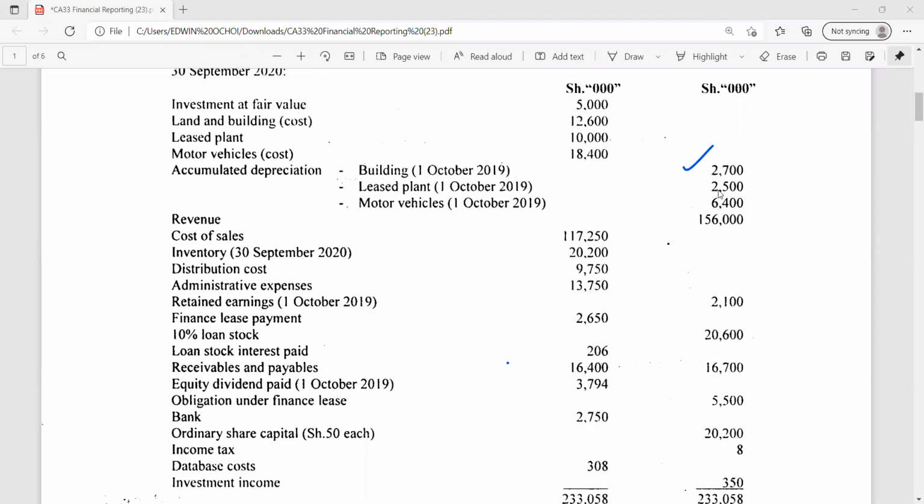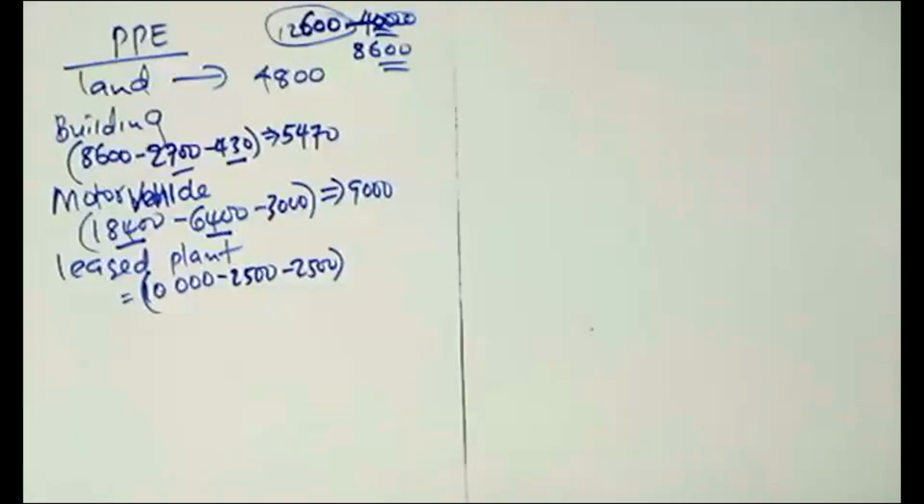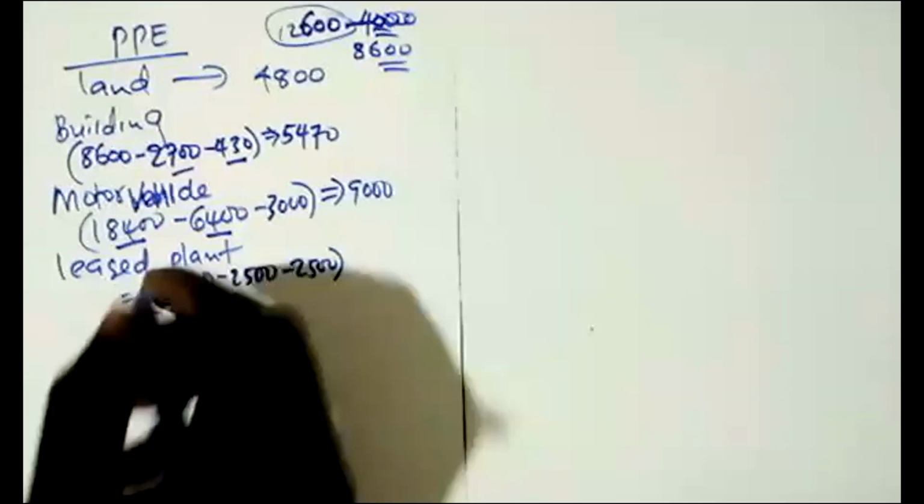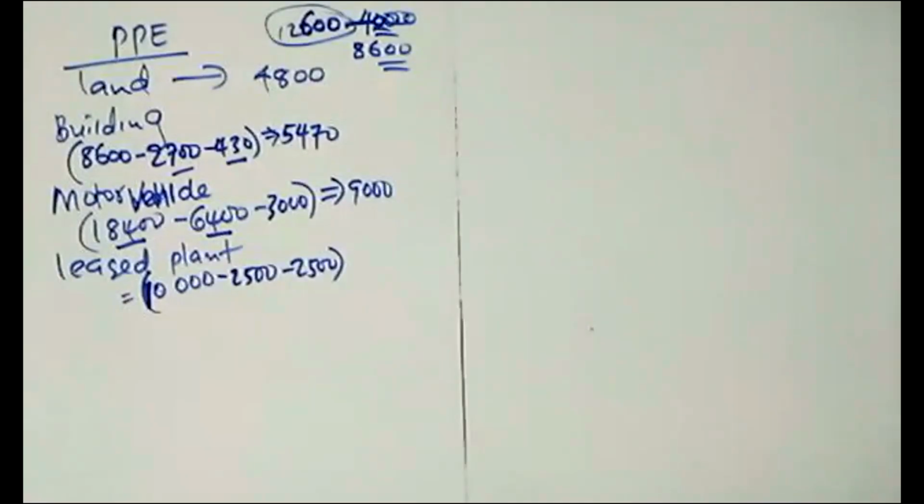But the depreciation for the year was 25 again. Because when I was determining the depreciation for the plant, I divided 10,000 by how many years? 4 years, the one which is given in note 2, the economic life.